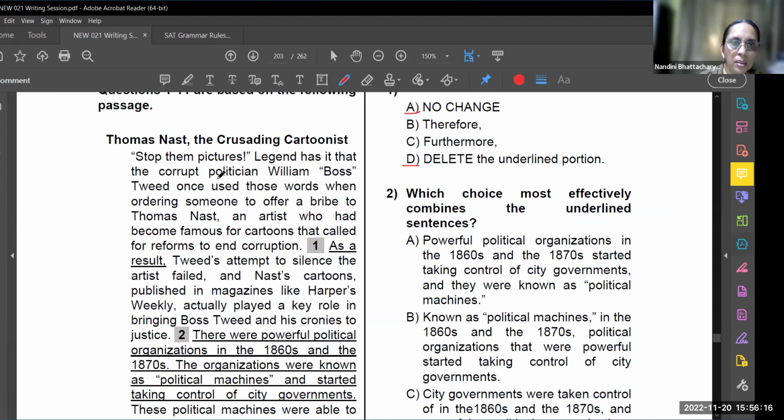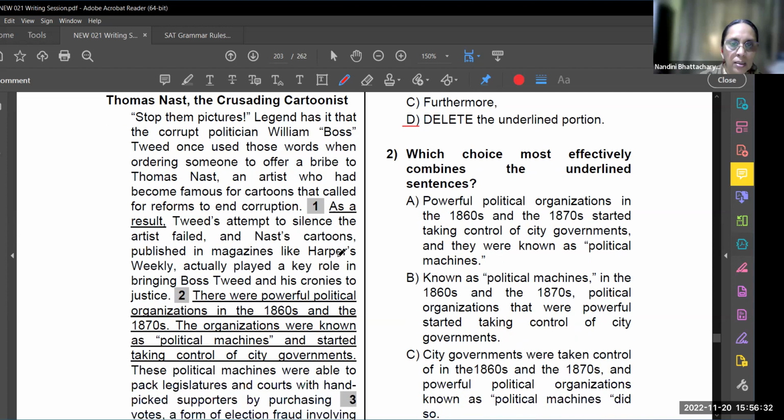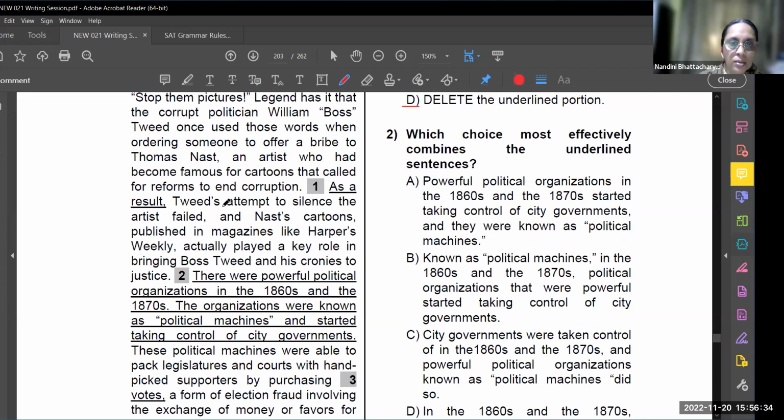Legend has it that the corrupt politician William Boss Tweed once used those words when ordering someone to offer a bribe to Thomas Nast, an artist who had become famous for cartoons that called for reforms to end corruption. Then it comes, as a result, Tweed's attempt to silence the artist failed. Now, what is this as a result? Are we talking about something before this?